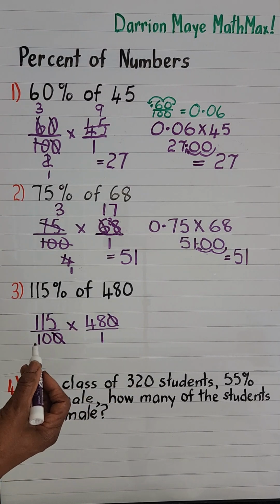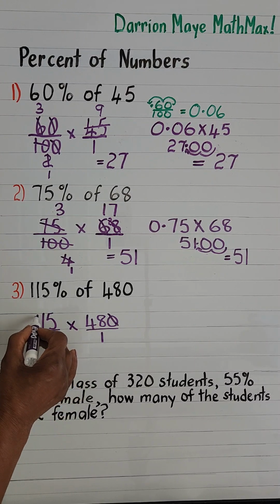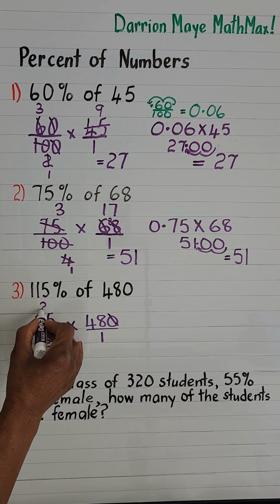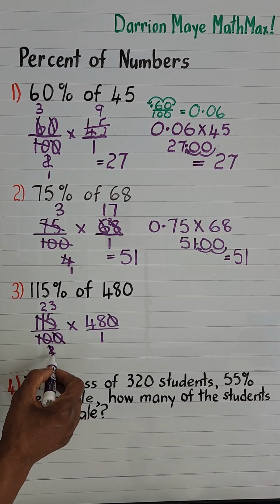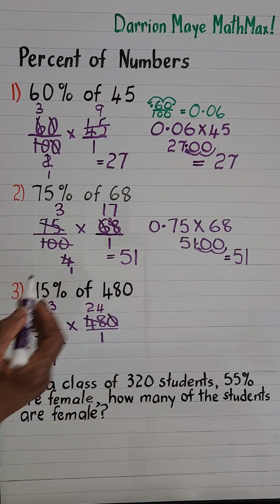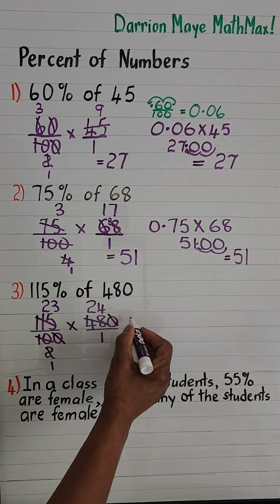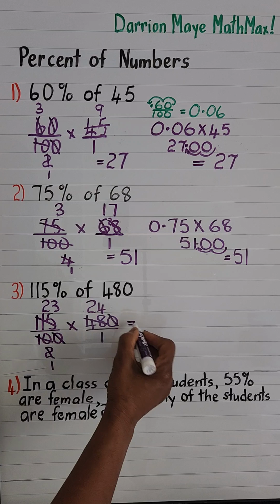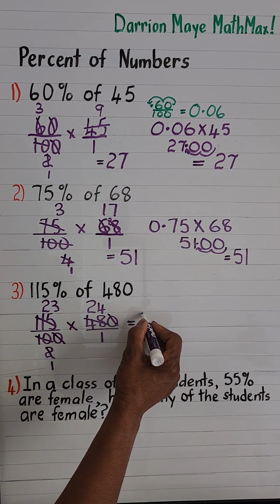Now we divide by 5. And this is 1 time. And this is 23 times. Divide by 2. This is 1 time. And this is 24. And 23 times 24 is equal to 552.